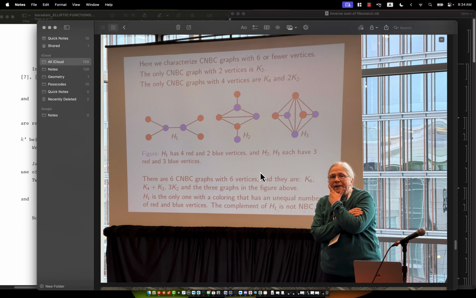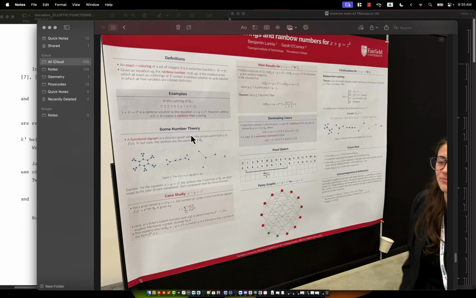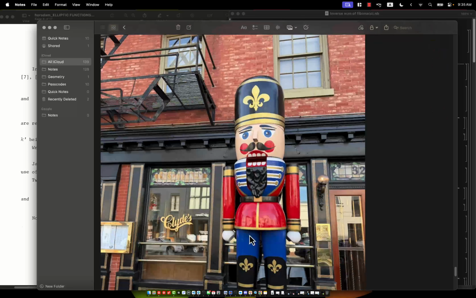I still need to read some of the papers and review the short videos I took of the lectures. Okay, this is also from an undergrad research paper on graph coloring and integer sequences. This is very interesting.